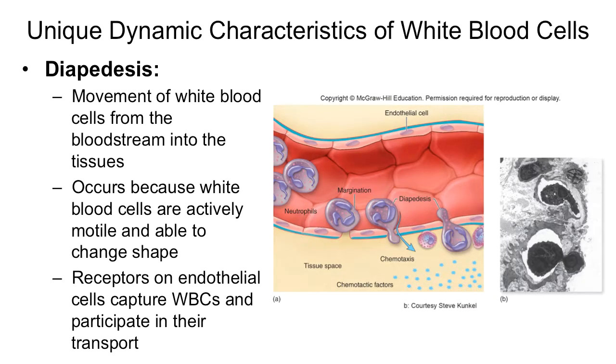Diapedesis is a mechanism by which the cells of the immune system are able to get out of the blood vessels and then migrate into the area of inflammation, attracted by the chemotactic factors. So we're looking at the movement of white blood cells from the bloodstream into the tissue.